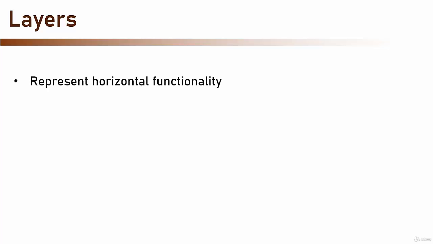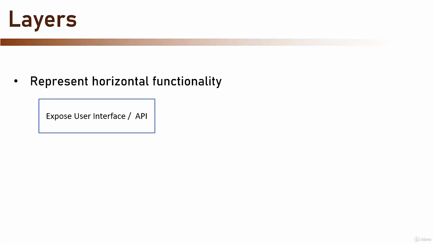Layers in software architecture represent horizontal functionality of a software component. Let's see what it means. When we think about traditional software, we usually think about three kinds of tasks the software needs to do. First, it should expose something to the outer world. This something can be user interface or API or, of course, both. Next, it should execute logic of some sort.